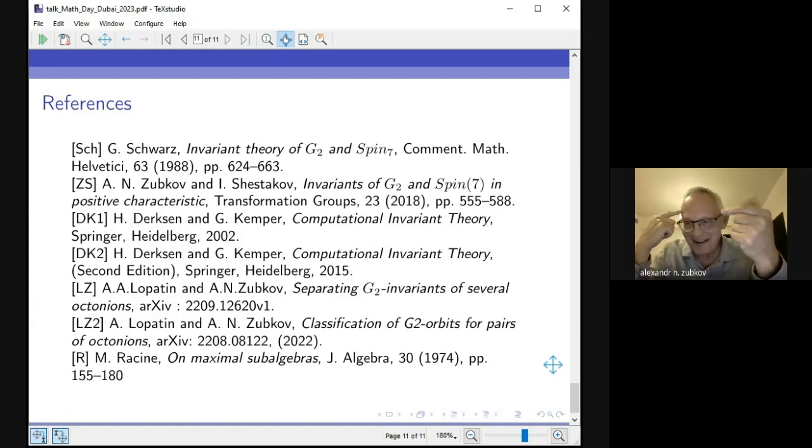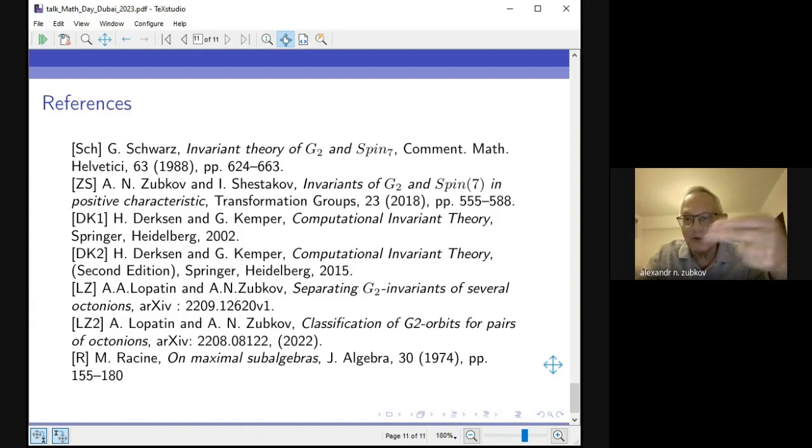Albertanians, because they are elements of the Albert algebra. So you have this invariant, which depends on n Albertanians. And what you can do now is specialize some of these Albertanians to the same one.